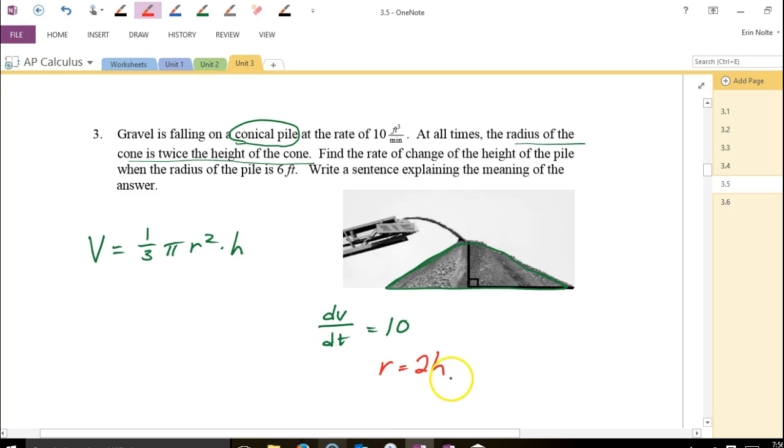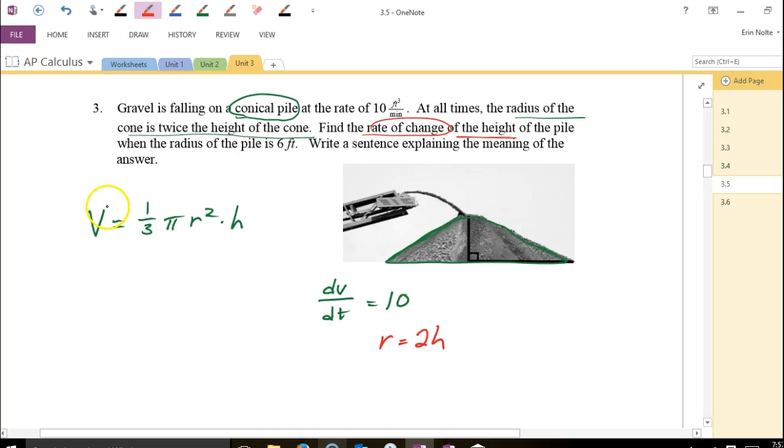Okay, so the cool thing about that is that it really allows us to put some more information into this. I can solve for one of these two variables. It's asking us to find the rate of change of the height, so what I'm going to do is replace my r. I'm going to do substitution and replace that, so my equation is in terms of h rather than in terms of r.